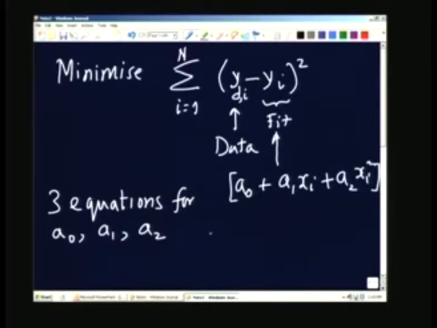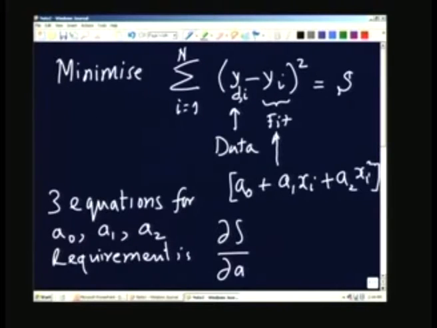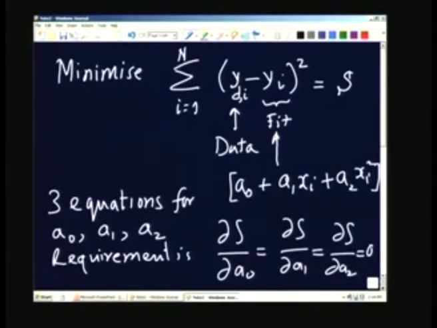So, these are obtained by requiring, suppose I call this quantity as some capital S, that dou S by dou a naught is equal to dou S by dou a1 equal to dou S by dou a2 equal to 0. That is the requirement for the minimization of this.